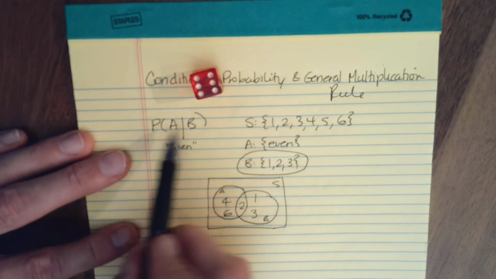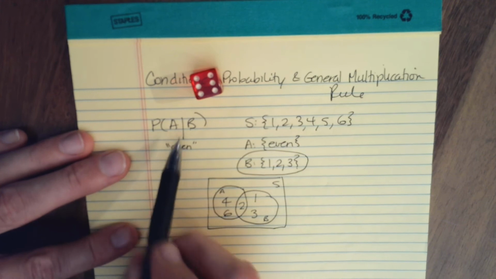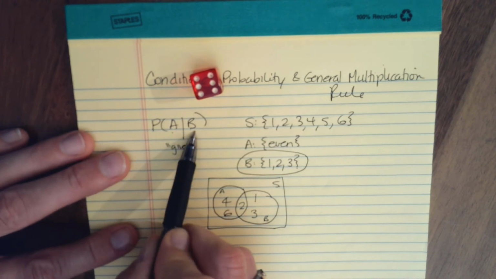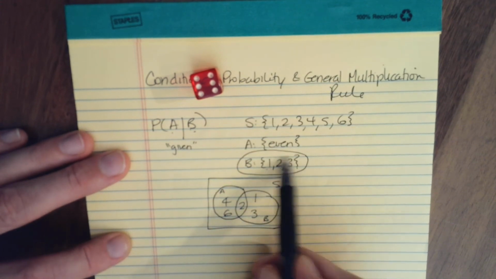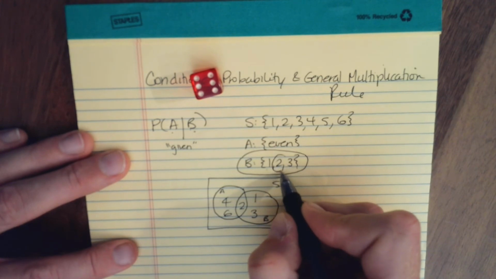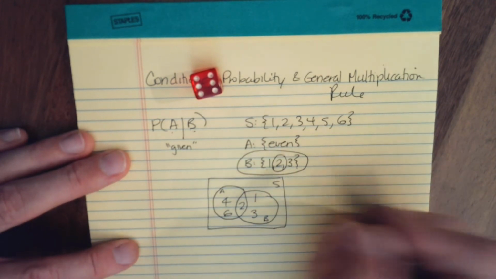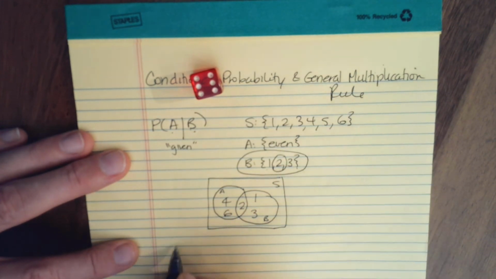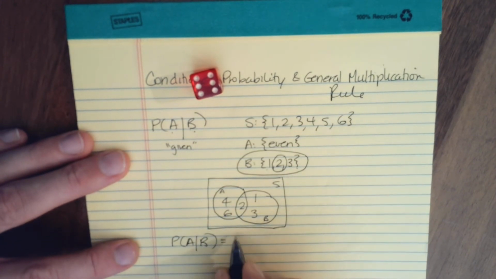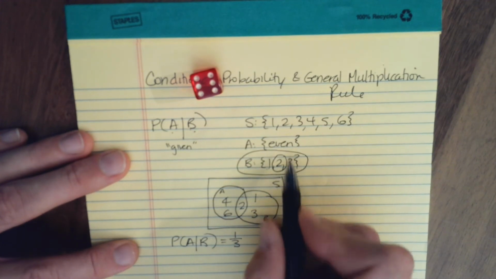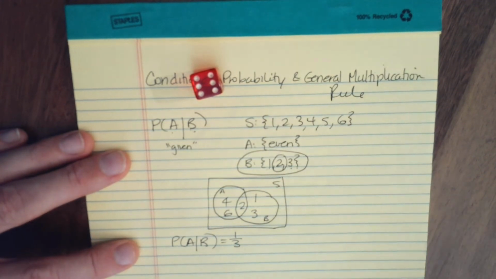Now I want to know, what's the probability that I have an even outcome, knowing that the outcome is from this collection B? Well, there's only one even number in B, and it's the one here in the overlap. So the probability of A given B in this case is 1 out of 3. There were 3 possibilities in B, but only one of them was even.